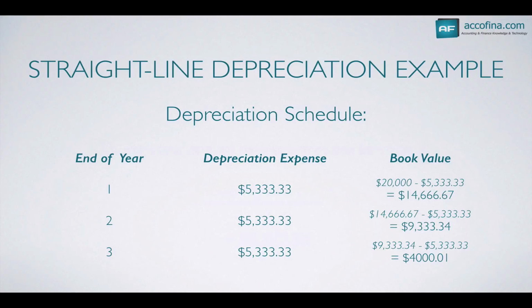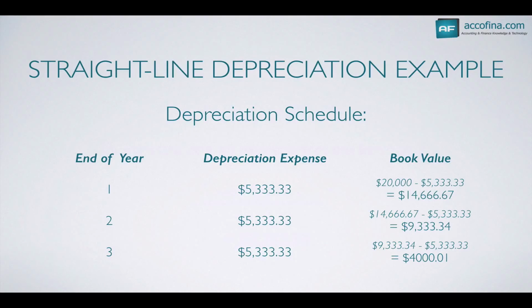Year 2, end of year 2, it's repeated, but this time the book value starts at $14,666 and ends up at $9,333. And then finally, at the end of its useful life, after the end of year 3, you can see that the book value is $9,333.34 minus $5,333.33, which is the depreciation expense, and the final book value prior to it being sold to the auto workshop is $4,000.01.